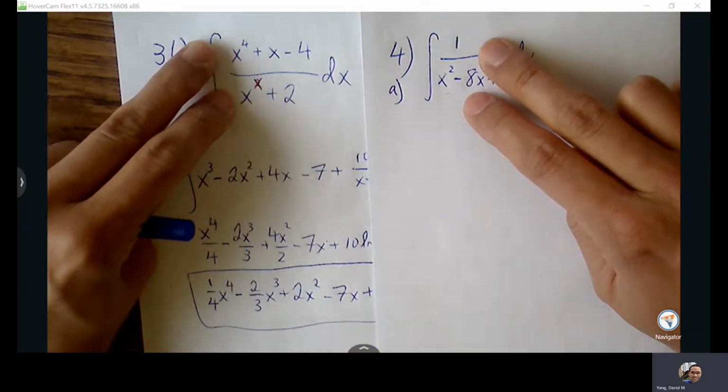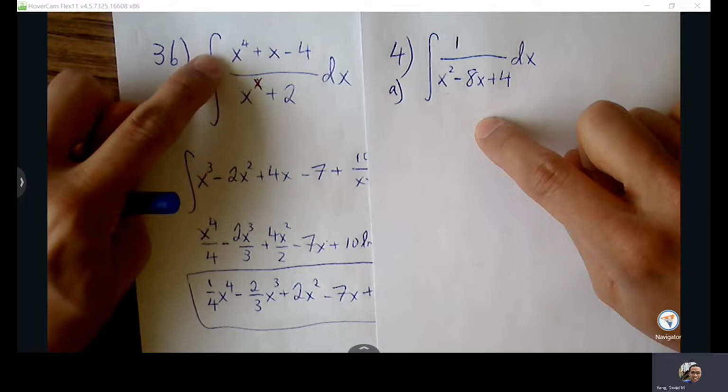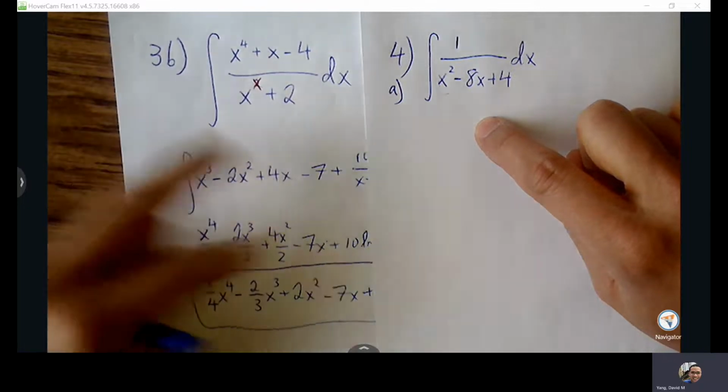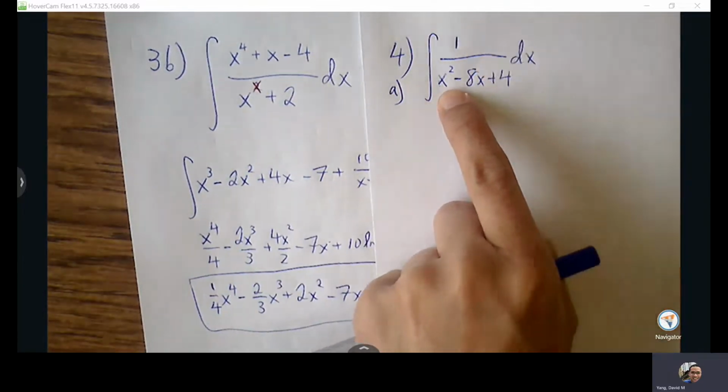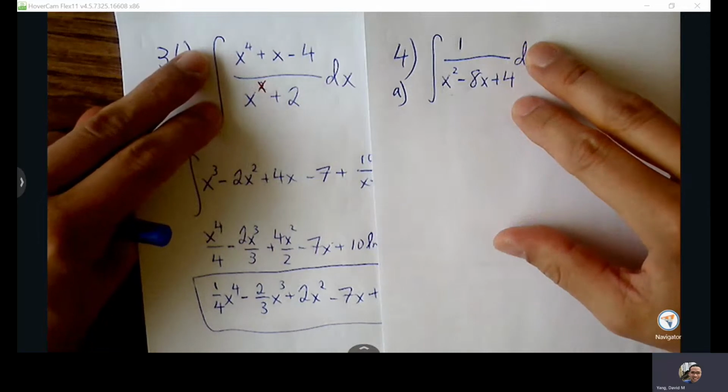So both of these have gaps, but if there's a sizable gap with the numerator being the higher degree, then it's synthetic division. If there's a sizable gap with the denominator being the higher degree, then it's going to be arc trig. Okay, you see that distinction here?